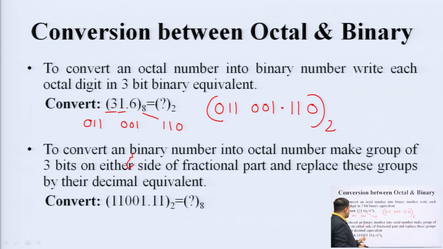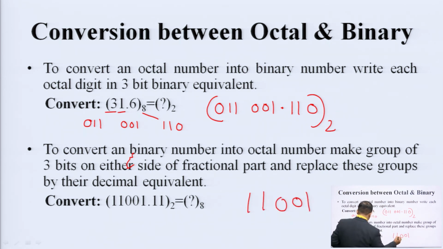Like that, if we have to convert back to octal, again we will take the grouping of 3. Here the number is 11001.11. If we take groups of 3, this will be grouped like this, but here only 2 digits are there, so we assume one 0.